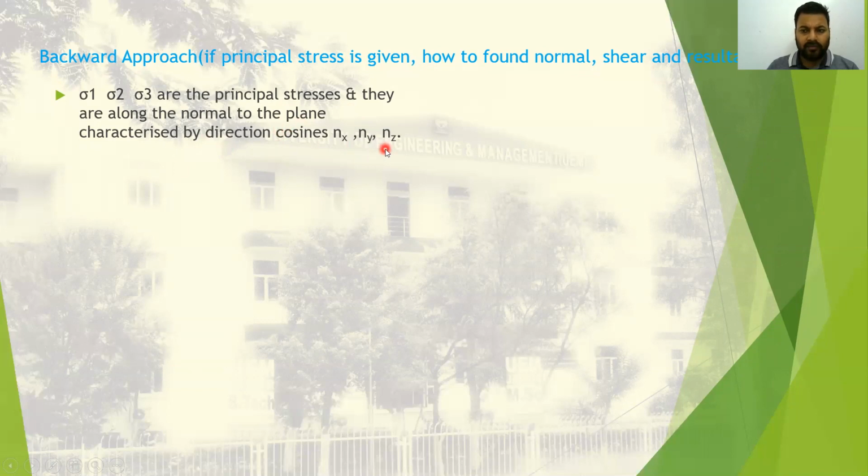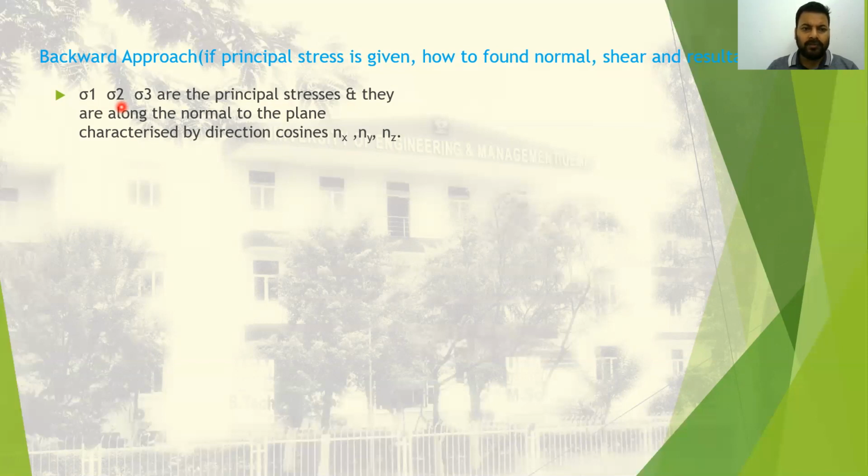This is the plane ABC from the previous slide, and along its normal the principal stress is known. However, we don't know the normal stress, shear stress as well as other stress components.